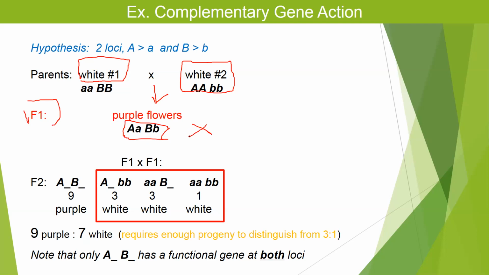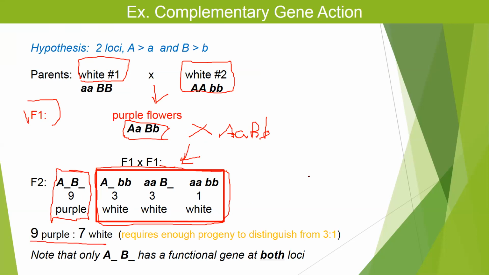If we intercross this one with another plant of the same genotype, then we're going to get this, right? Because this is the wild type, but all this will give you the mutant phenotype. So if you look at the ratio, this will give you the 9:7 ratio. So is that clear?